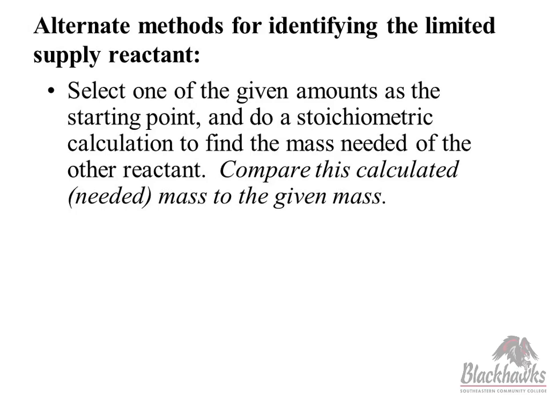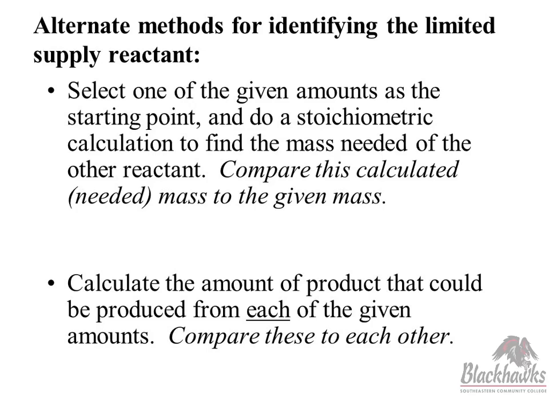Whatever you do, you have to show me. Another one students like: look at the product and see how much product you can get from each reactant. Whichever gives you the most product is the one in excess. That requires two stoichiometric calculations.